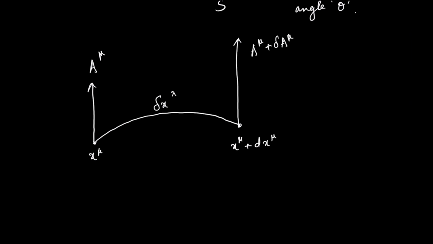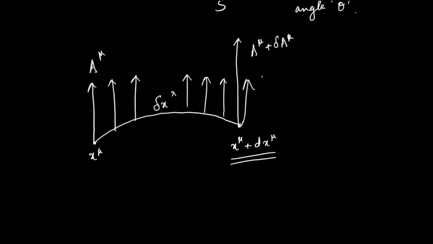Now we subject this vector a mu to the infinitesimal parallel displacement to the point x mu plus dx mu. So I have to transport it to the other point. For example, I am transporting it like this, moving it along.